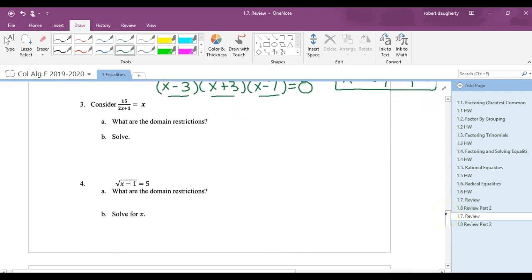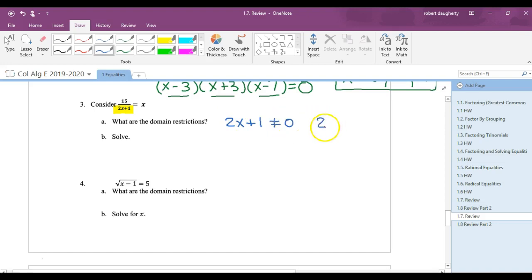Now the next one presents a rational expression. Keep in mind, every time I see that, highlight the denominator, because you're going to do 2 things with the denominator. It tells you your restriction, and it tells you what to multiply by to solve this. Okay, the restriction is whatever I highlighted: 2x plus 1 cannot be 0.